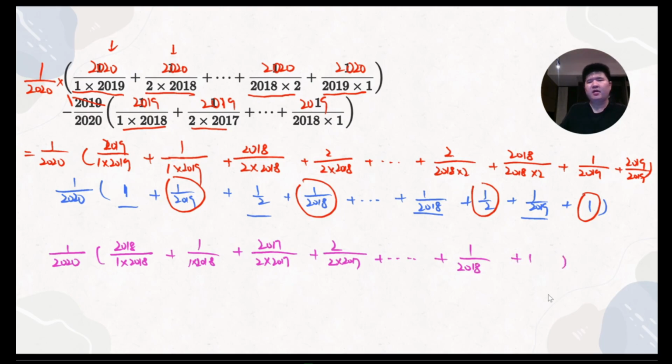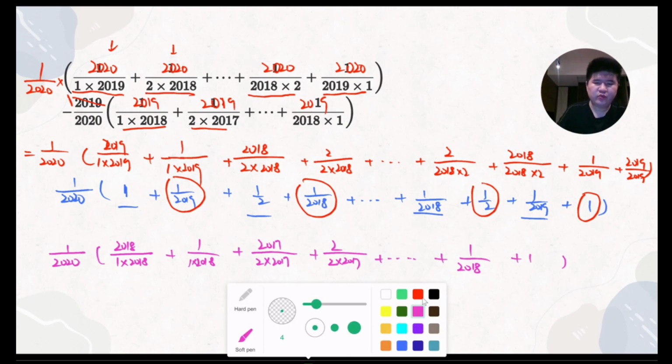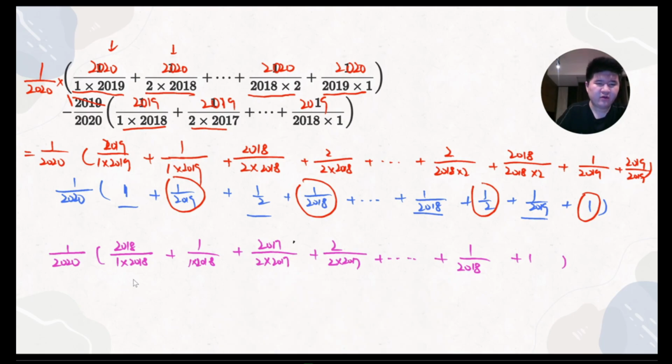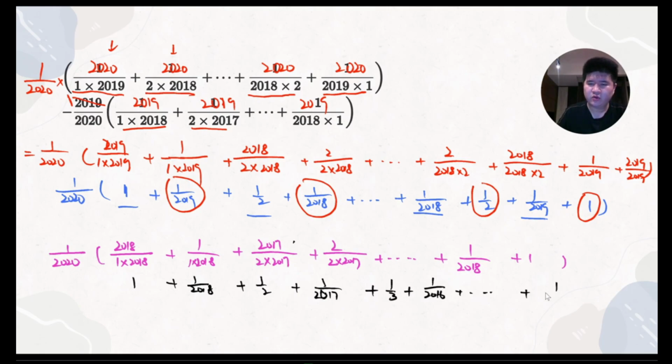In the second bracket, we still split it into two terms. This part becomes 1 plus 1 over 2018 plus a half plus 1 over 2017 plus 1/3 plus 1 over 2016, until 1 over 2018 plus 1.